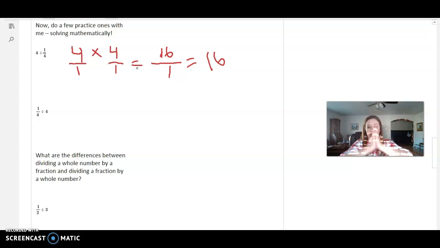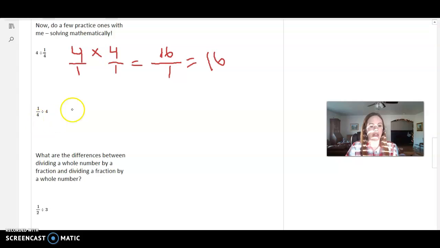The dividend is first. We're going to keep it and write it down below. Keep the dividend, multiply, do our little multiplication sign, by the reciprocal. So dividing fractions. Keep the dividend, multiply by the reciprocal, okay?